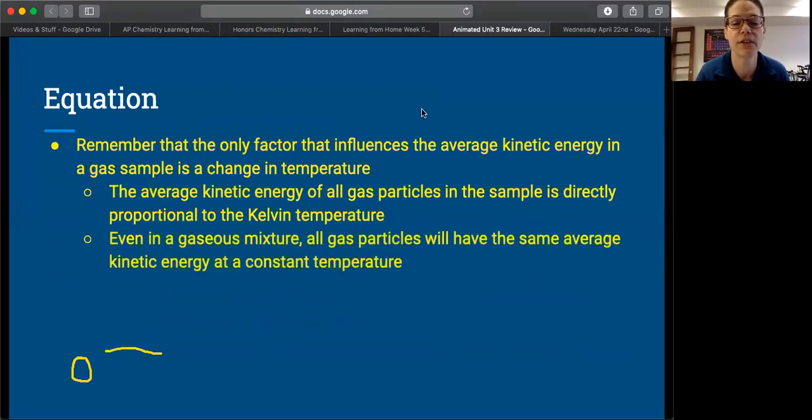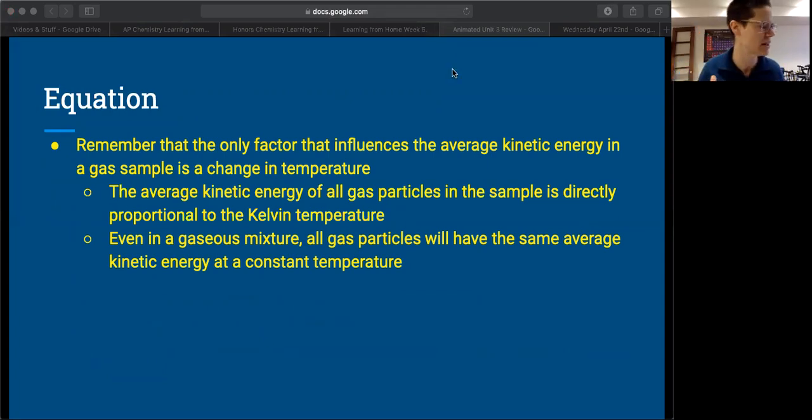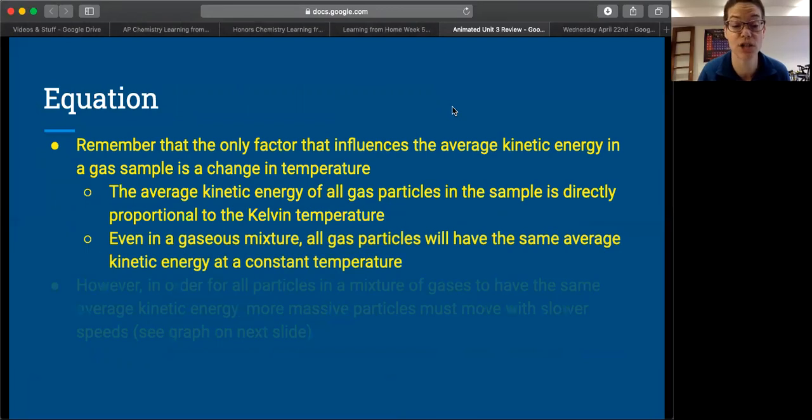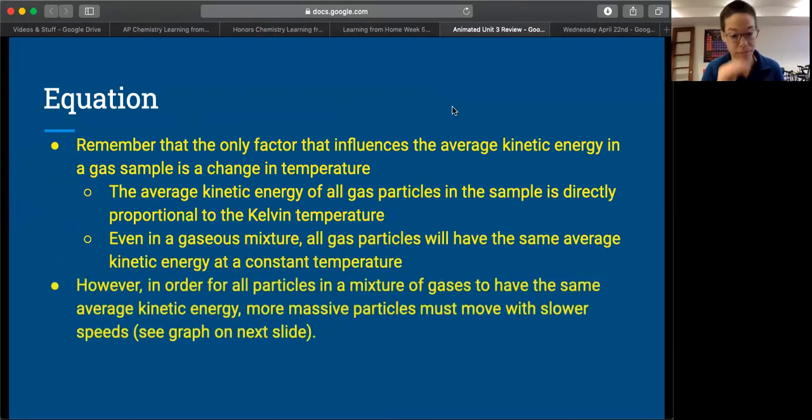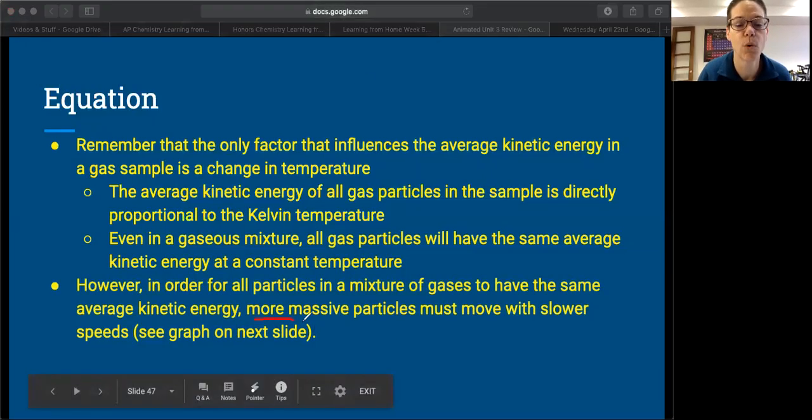They have never in all of my years asked a question that has you use the equation that's on your formula sheet for this. But if things are at the same temperature, they will have the same average energy. But what we did say was this part: more massive particles are going slower.